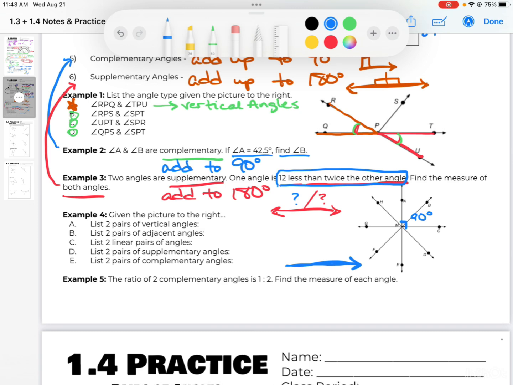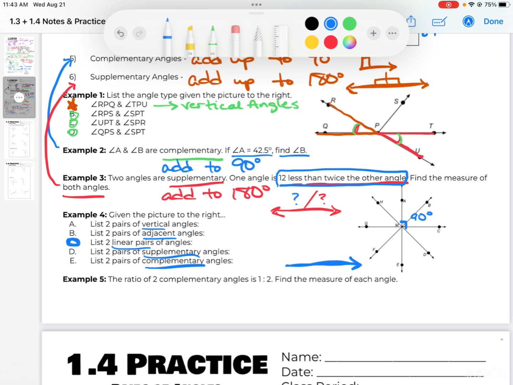And so that alone, I'm not going to just tell you outright, but because you know that those two make a 90, you actually can then figure out what every other angle on the page equals, which is helpful. But it's just asking you to find vertical angles, adjacent, a linear pair, supplementary, and complementary. So I'll get you started with C, and I'll let you do the others.